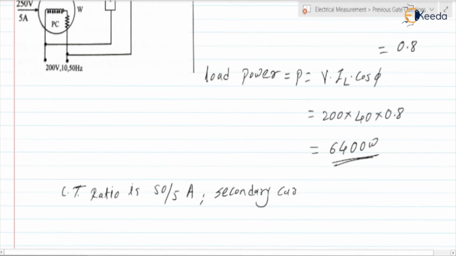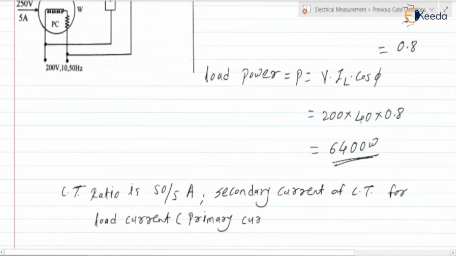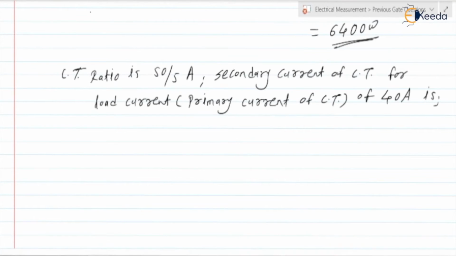So secondary current of CT for load current of 40 ampere is equal to 40 divided by 50 into 5, so it is equal to 4 ampere.